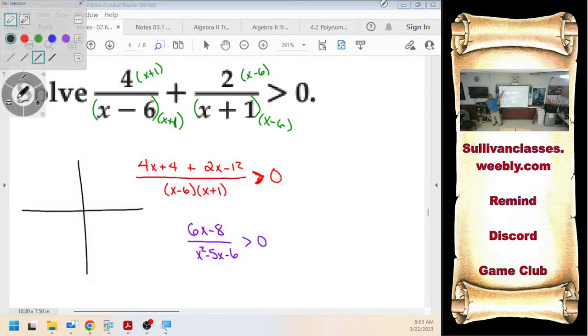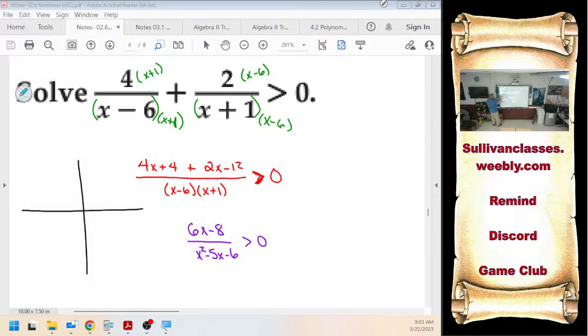So, where would my vertical asymptotes be? Right? My zeros of the denominator. So at 6 and at -1, I'll have vertical asymptotes. Where's my x-intercept?